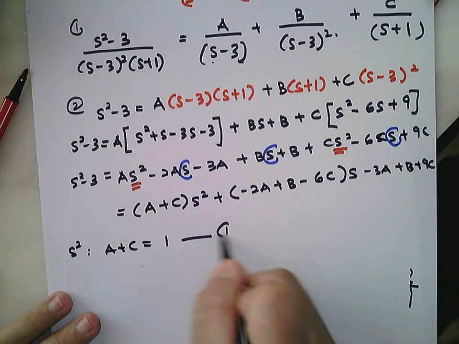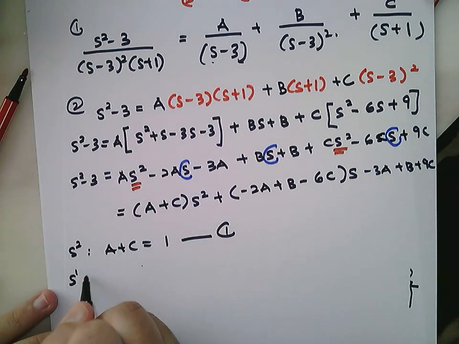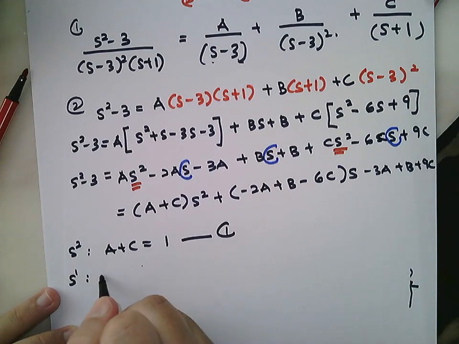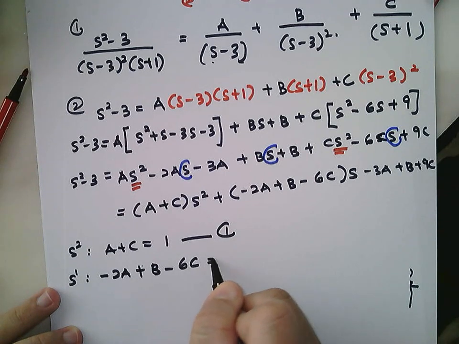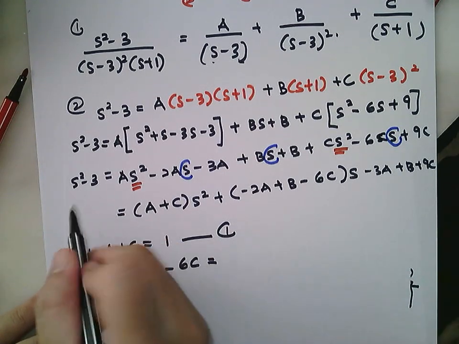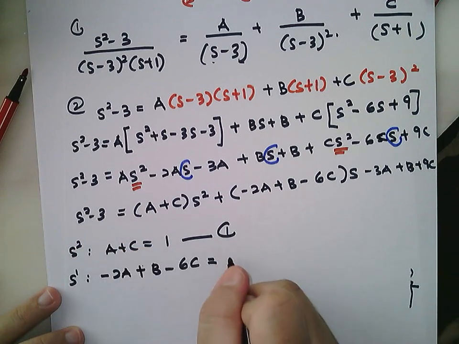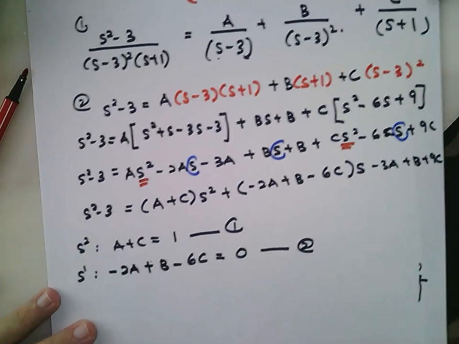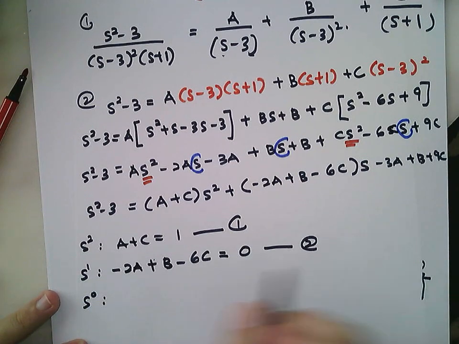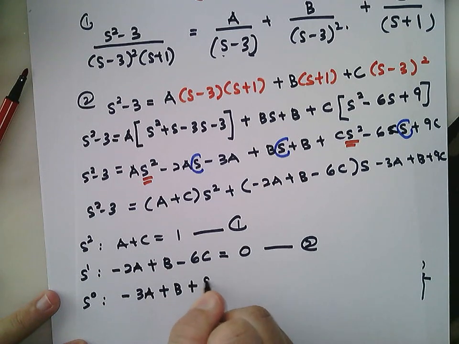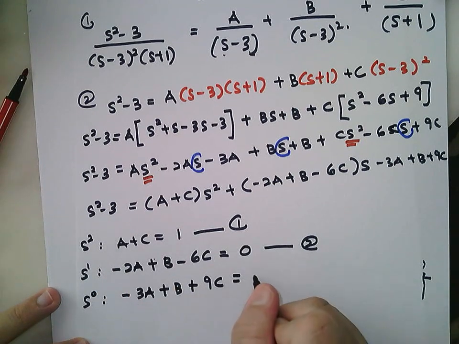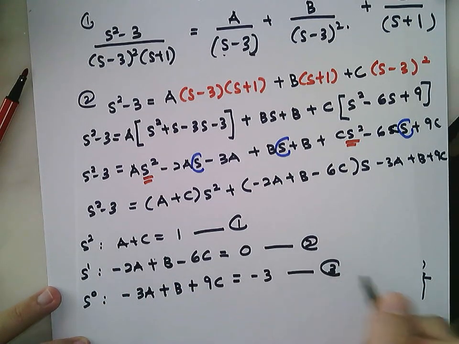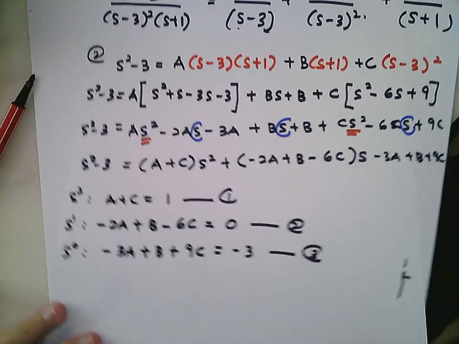So this is your first equation. For the second, compare with the variable s, so you will have negative 2A plus B minus 6C equals, and you don't have any s variable on the left hand side here, so this is equal to 0. And the last one is for a constant, so you will have negative 3A plus B plus 9C equals, what is the constant on your left hand side? Which is negative 3. Okay, so get the values of A, B and C.